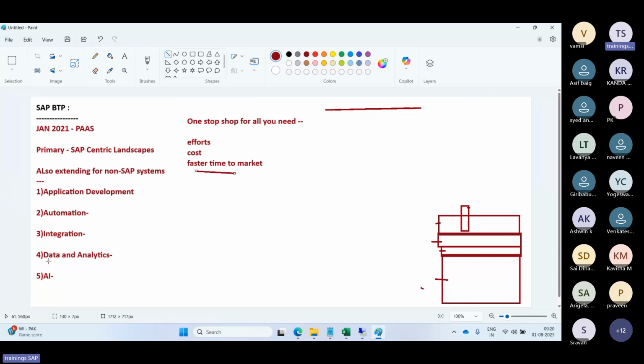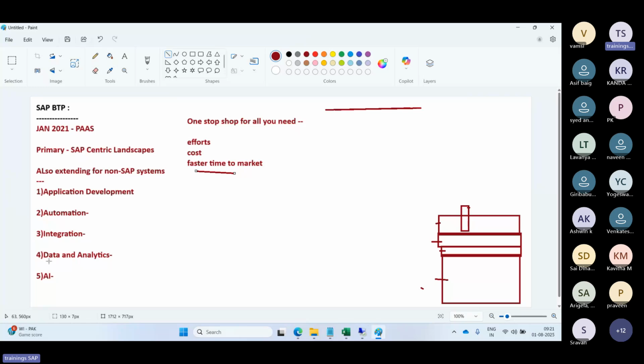In other words, BTP is a bundle of many different services, tools, applications, and monitoring services. Everything is available under one umbrella. It's a platform to give you access to all these services and applications. That is the main thing of the BTP here, right?